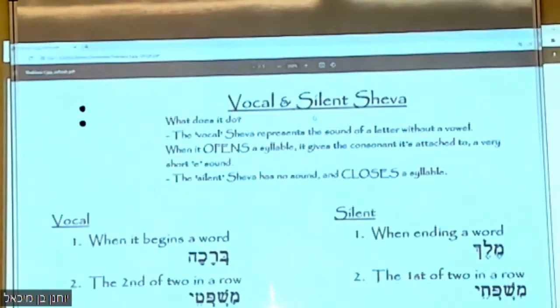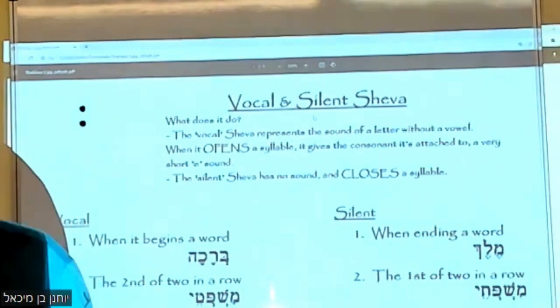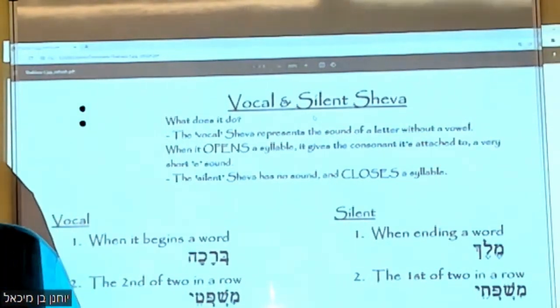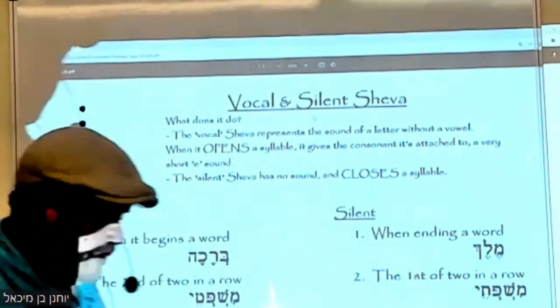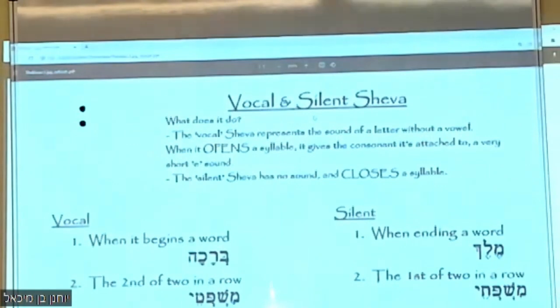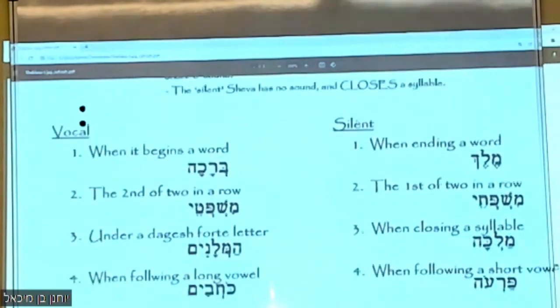And the silent shva has no sound, and it's usually used to close a syllable. Okay? So I have several examples here of vocal and silent shvas. So let's cover those, okay?